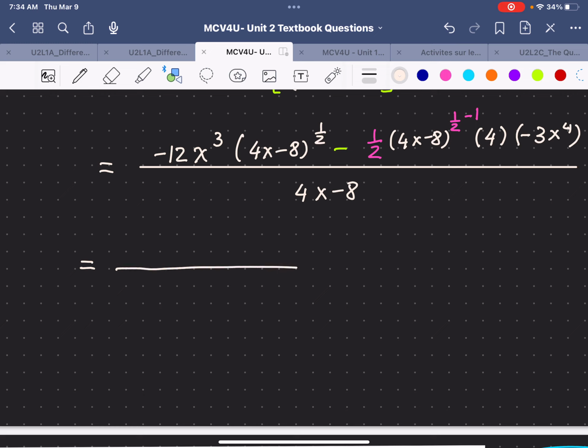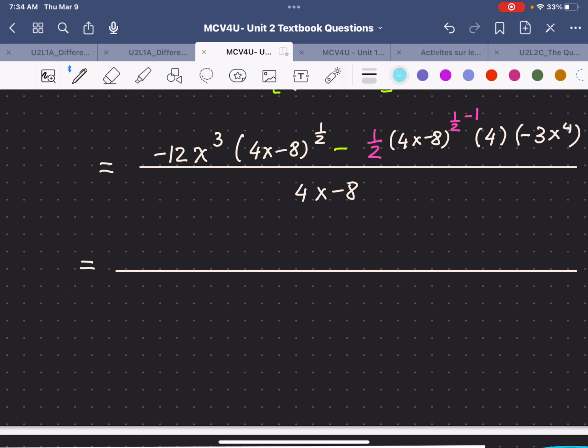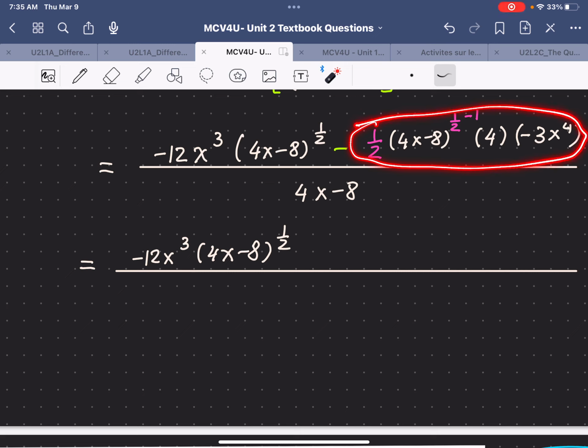We want to simplify as much as possible each group of terms. So we have to simplify this, simplify that first before we start factoring it. So we have negative 12x cubed. Nothing changes here. We have 4x minus 8 to the power of 1 over 2. Again, nothing changes here. We have a little bit of work to do in the next group of terms.